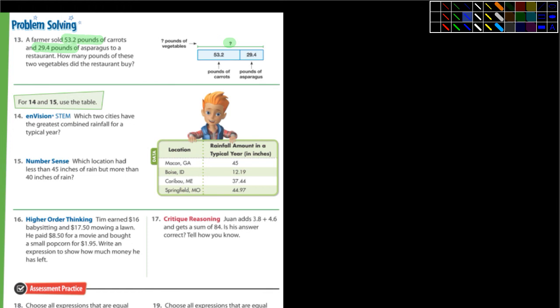All right, number 14, which two cities have the greatest combined rainfall for the typical year? Well, let's see here. So we're combining, so we're going to be adding.